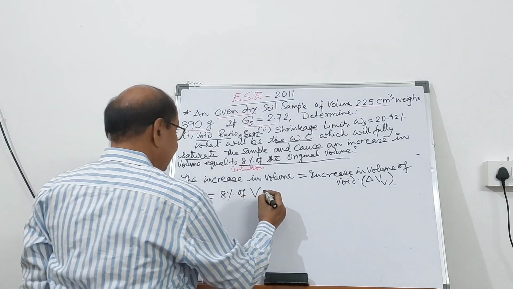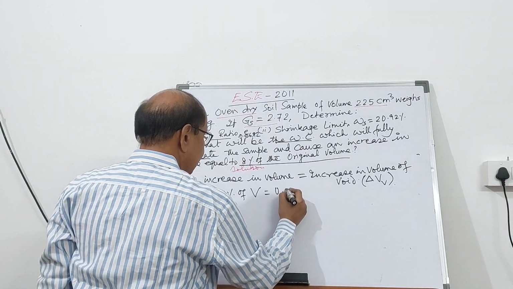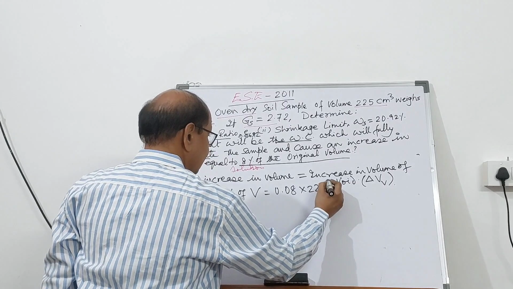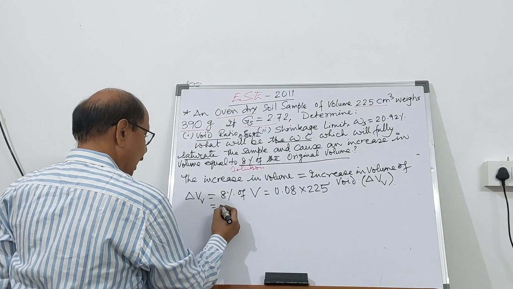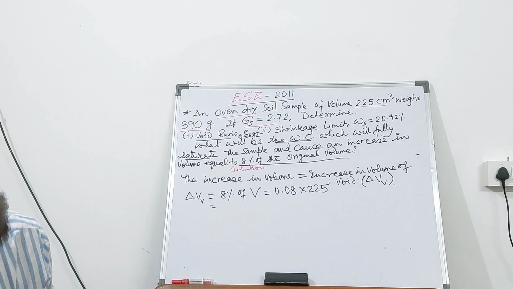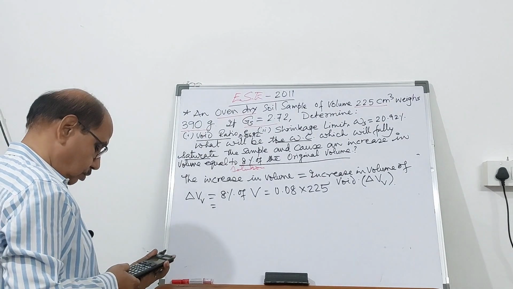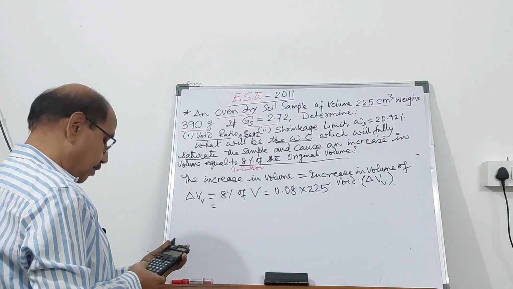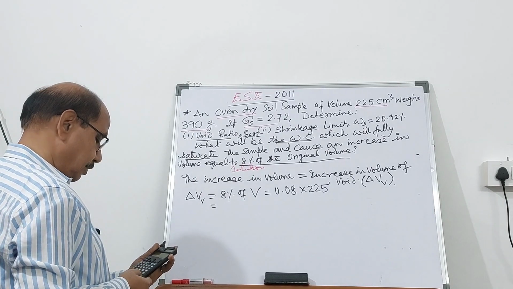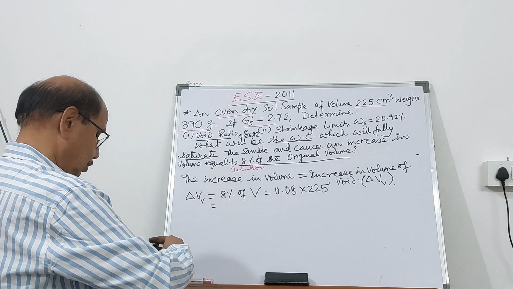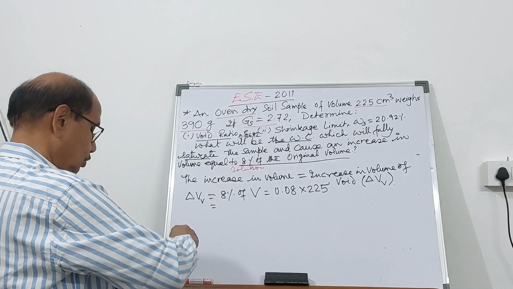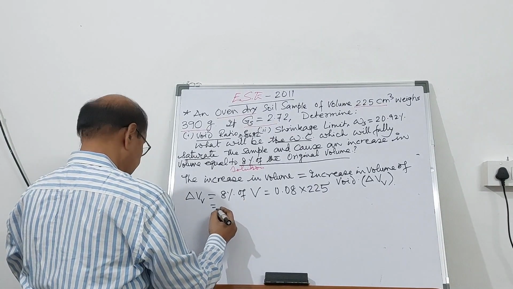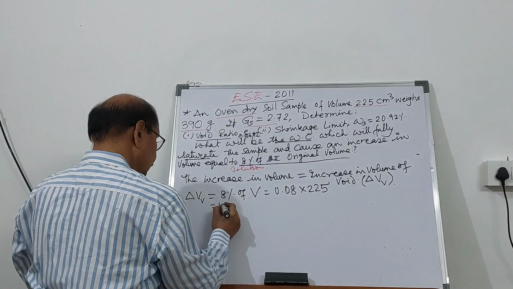So delta V is going to be 0.08 into 225 cc. If you calculate this, 0.08 multiplied by 225 equal to 18.